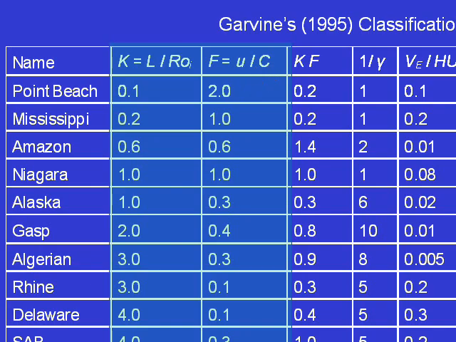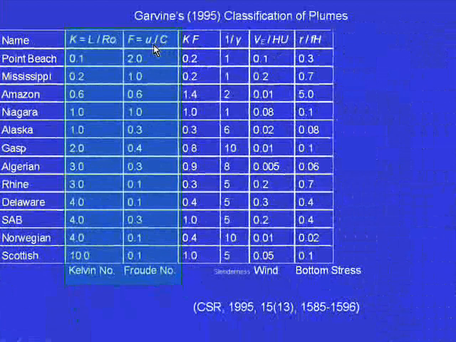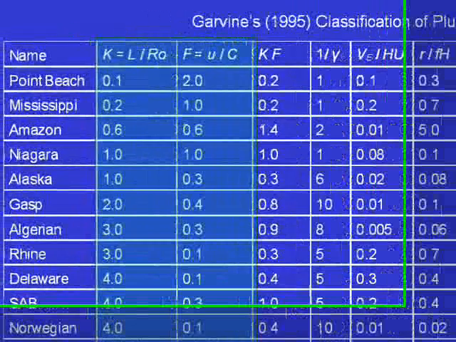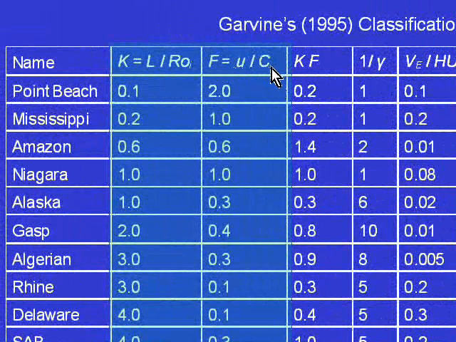You don't want to say anything today? You want me to do all the talking today? So U is the flow, maybe the flow at the plume, the flow that you observe. And this C, what's the C? It says gH or g prime H. We're talking about a stratified flow, so it's the square root of g prime H, the speed of the long internal wave. So you can see that.